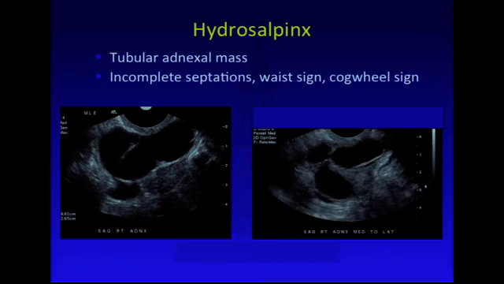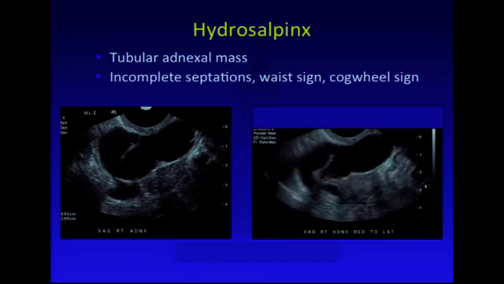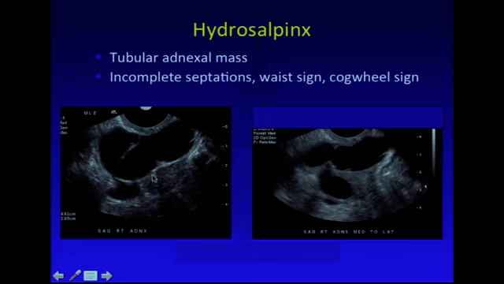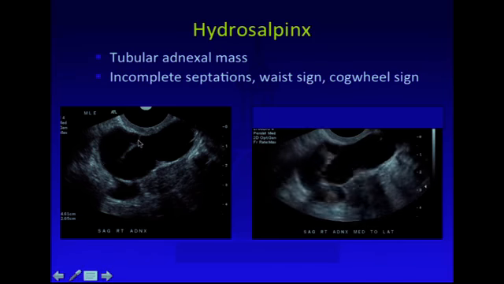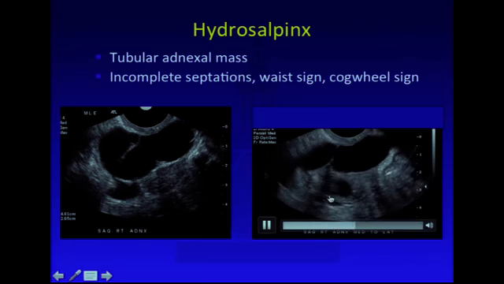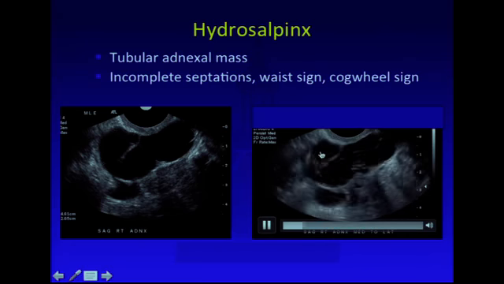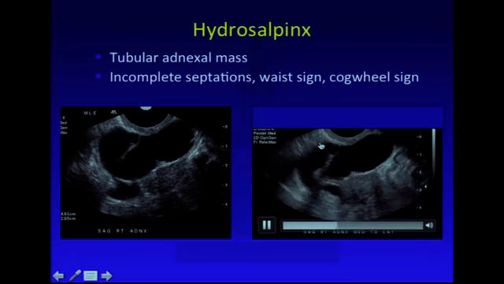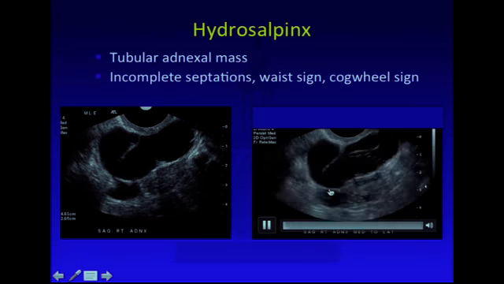Now, another lesion that we can diagnose with confidence is hydrosalpinx. It will present as a tubular adnexal mass with incomplete septations. And on the transverse view, you can have the cogwheel sign, the little thickened septae that you see, and the waist sign that you can see here, like focal narrowing here.